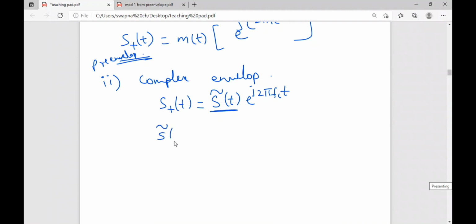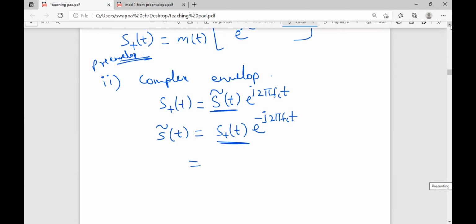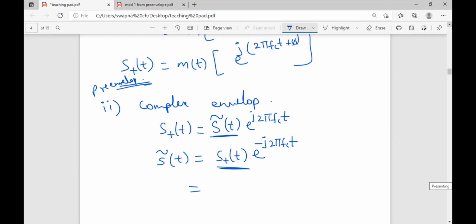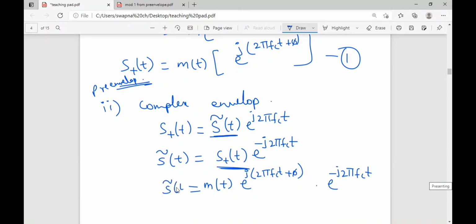So S tilde of t will be equal to S plus of t, taking this e power j 2 pi fct to the other side, it will be e power minus j 2 pi fct. You already know what is S plus of t, substitute that from the previous equation 1. It is nothing but m of t into e power j 2 pi fct plus phi into e power minus j 2 pi fct. This is nothing but S tilde of t.